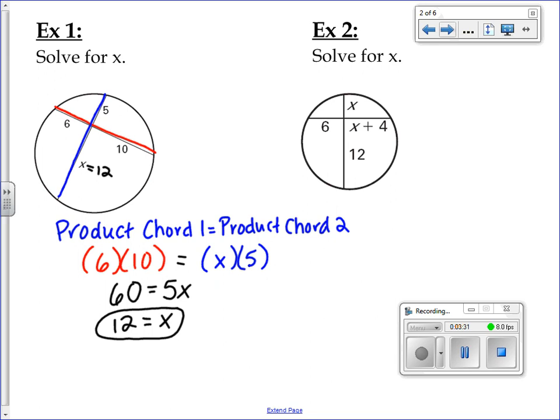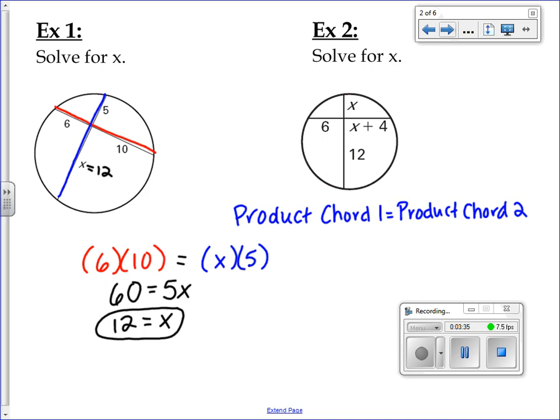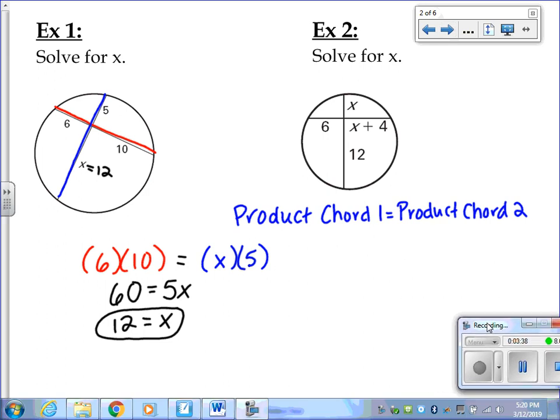So for example 2, I'm going to use this property again. Product of chord 1 equals product of chord 2. So I'm going to start with this first chord. I can see that it is made up of 6 and an x plus 4. So I'm putting that whole thing in parentheses. I'm going to set it equal to the second chord, which consists of x and a 12.